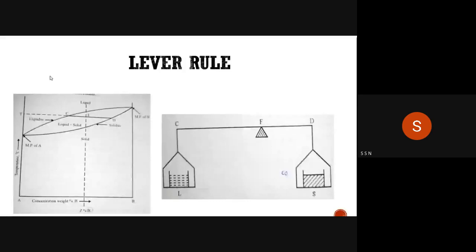On that diagram also, C point is on the liquidus line and D point is on the solidus line. Therefore, at D point, the complete phase will be solid, and at C point, the complete phase will be liquid. So with the help of this concept of lever, we are going to find out the proportion or percentage of solid and liquid present at the F point. That's why it is called a lever rule.